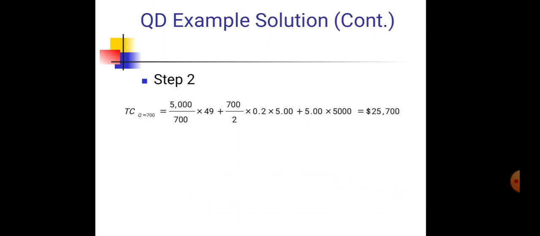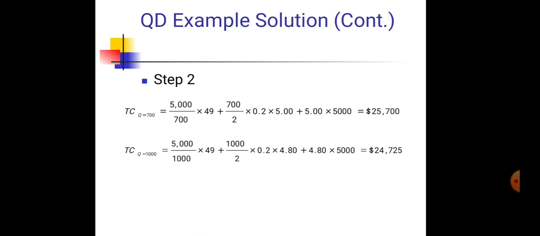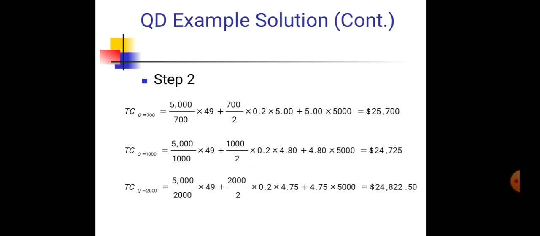Then step 2. You put this feasible solution Q, and find out the total cost considering a quantity of 700. Then improve the quantity, increase your quantities. So for the 3 options you find out the total cost.